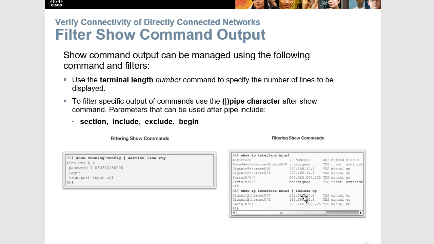Okay. You can see that the interfaces that were administratively down, I know you can't see all that here, are excluded when you choose to include up. You've also got, as you can see, a terminal length number you could add in to specify the number of lines to be displayed in your command.